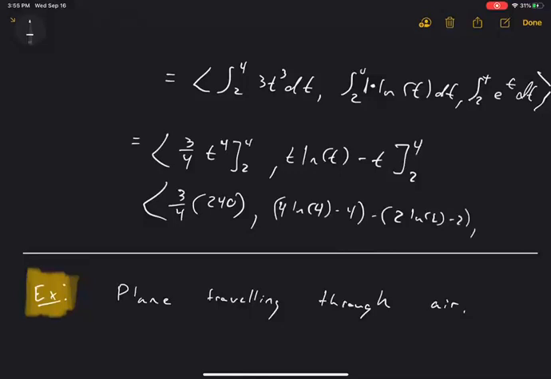And then e to the t, e to the 4th minus e squared. Okay. So that should be my integral.